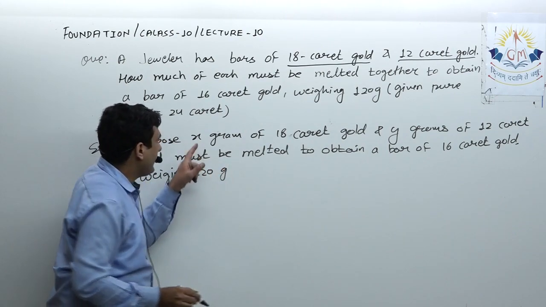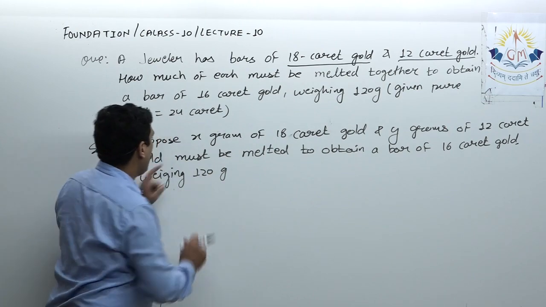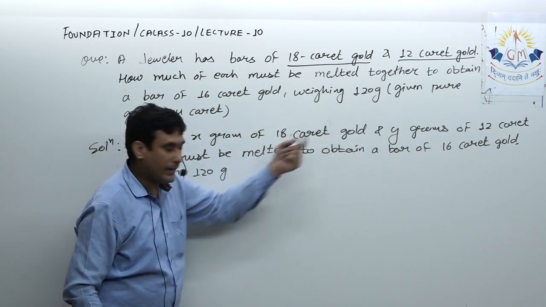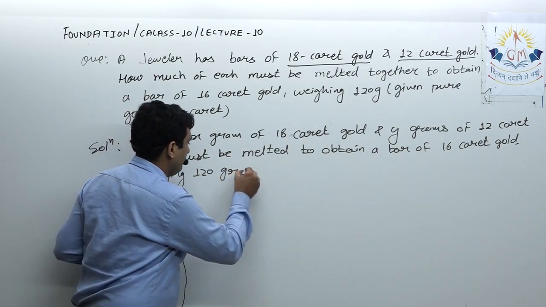So the first equation I can say is x plus y is equal to 120. X gram of the first and y gram of the second gives me 120 gram of the required.